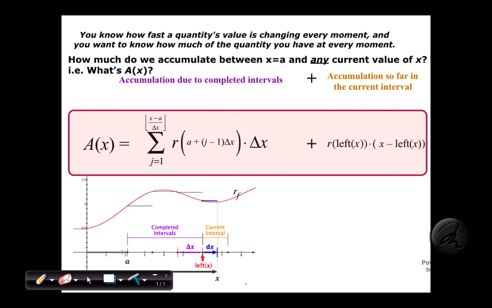This is a way to express approximate accumulation in general for any rate function r that's devised from, and I'm going to put the f's back in there so we can talk about it, any exact rate function r. So for any given rate function, I can use that rate function from left end of intervals for a little bit.